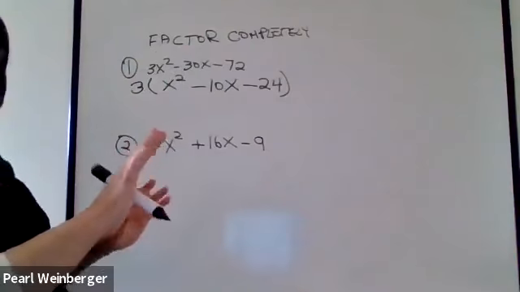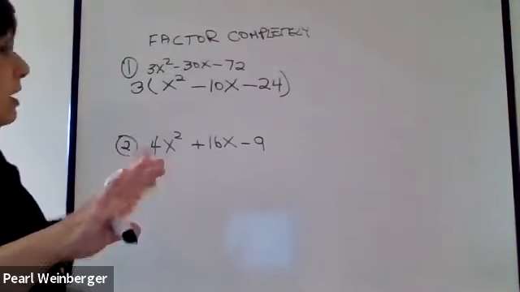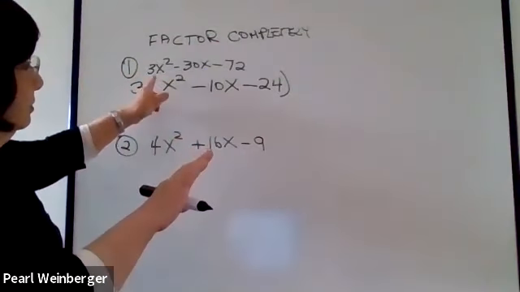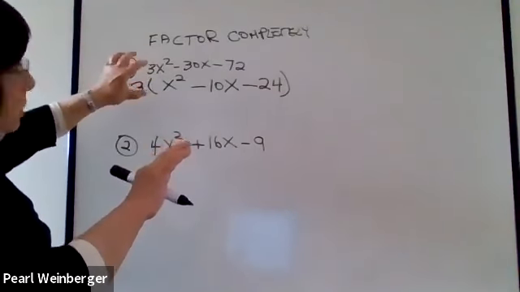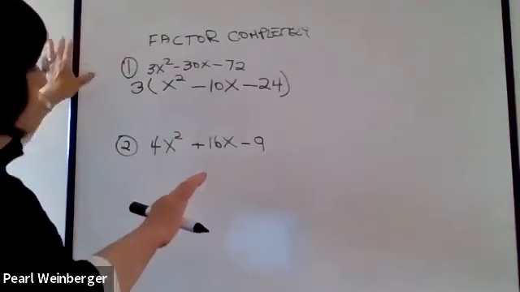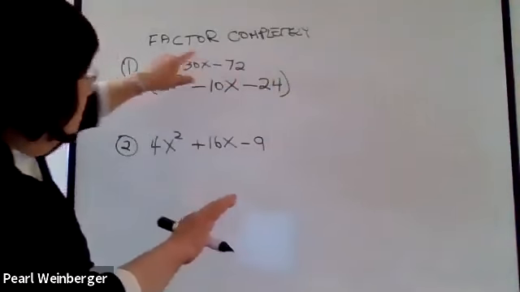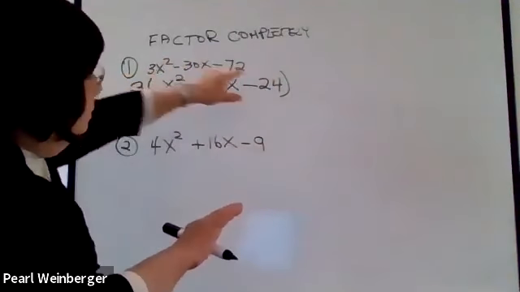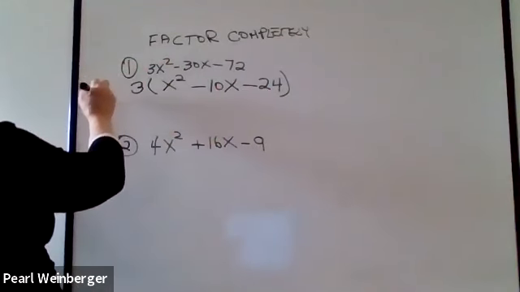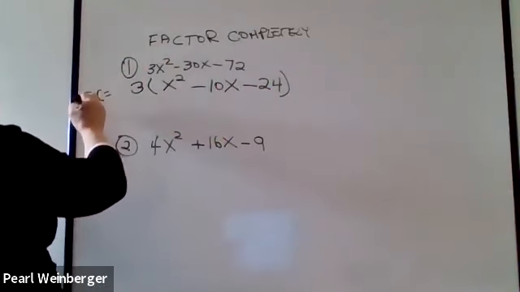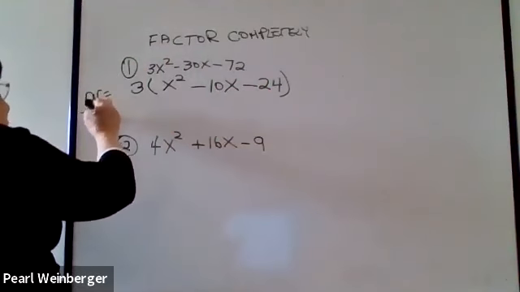That's the only thing, Erica, that I was doing with A and C. The A, the number in front of the x squared, forget about this 3 now; we'll put it aside. We're only looking at what's inside. The A is 1, the C is negative 24. So the AC in this case is negative 24.